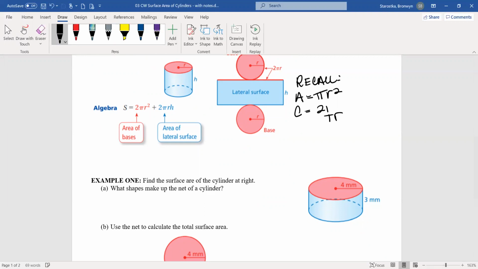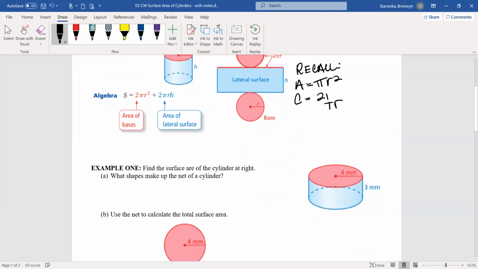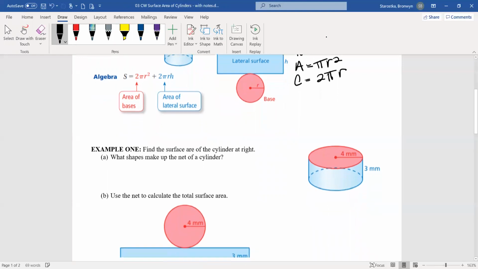Notice how it's red along the top of the box, and that's because if we rolled that upper circle along that rectangle, what do you notice that the base of our rectangle is? Well, it's just the circumference, 2 pi r.